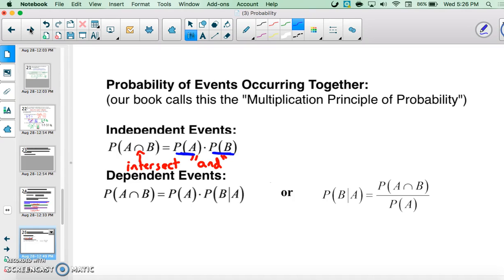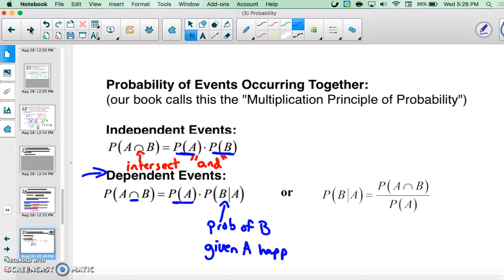If you have dependent events, you're going to have the same notation, so A intersect B. This time, you're going to have probability of A multiplied by probability of B given A. What this little line stands for is the probability of B given that A happens.